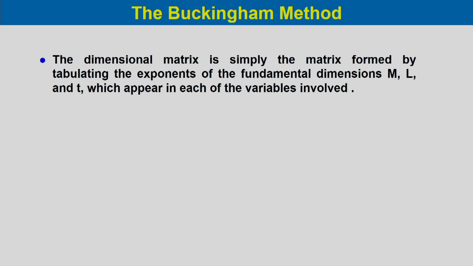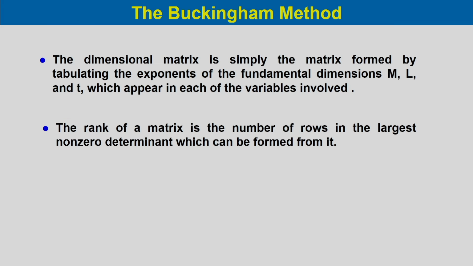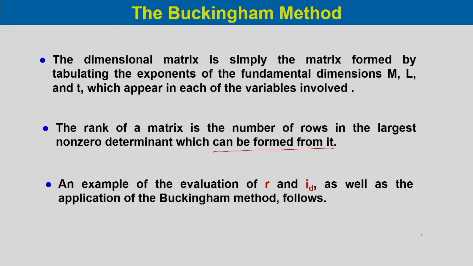So, if we take the variables and write the fundamental dimensions raised to some powers, those form the dimensional matrix, and the rank of the matrix is the number of rows in the largest non-zero determinant which can be formed from it. So, let us now take an example of the evaluation of r and i D as well as the application of the Buckingham method.